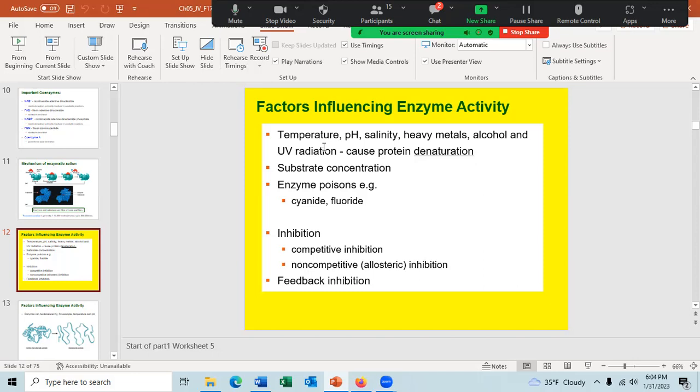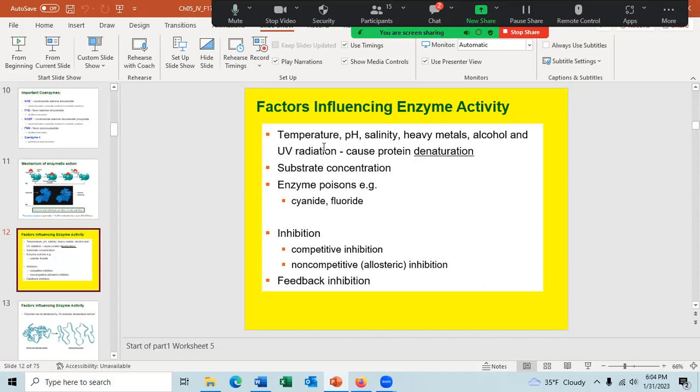Okay? You can get the protein to denature at the wrong temperature. Like when we cook an egg, the albumin in the egg whites will be denatured, take on another folding pattern, and that will be the white egg whites that we eat when we cook eggs.